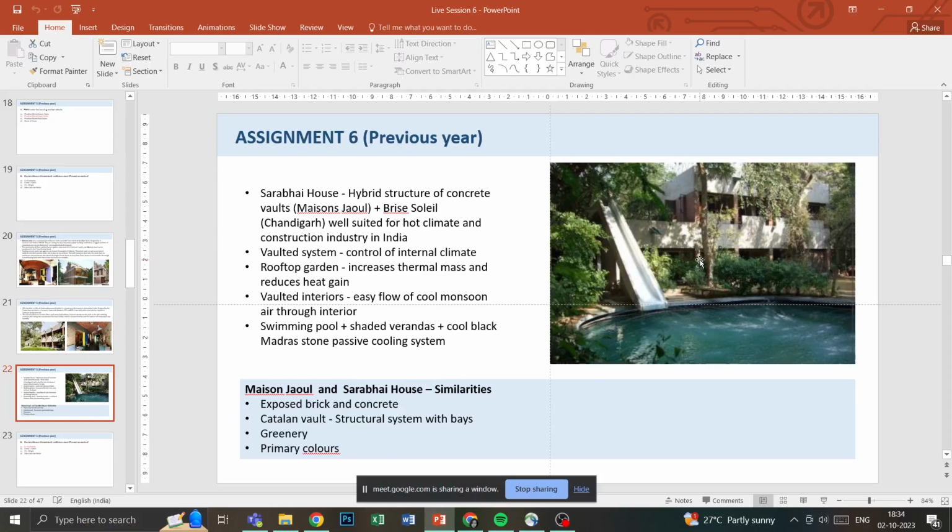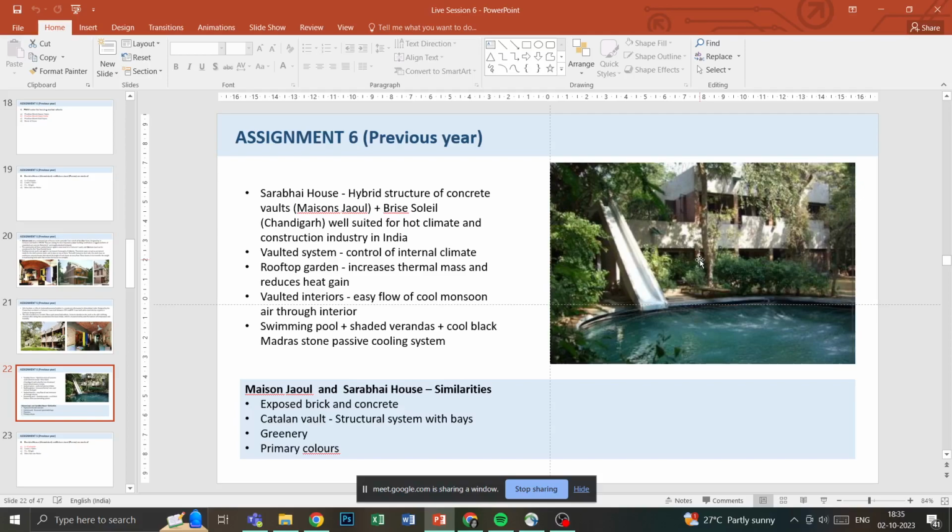However, one of the common things between Maison Raoul and Villa Savoye was the presence of roof gardens. So rooftop garden is something that he keeps in his works most of the times.